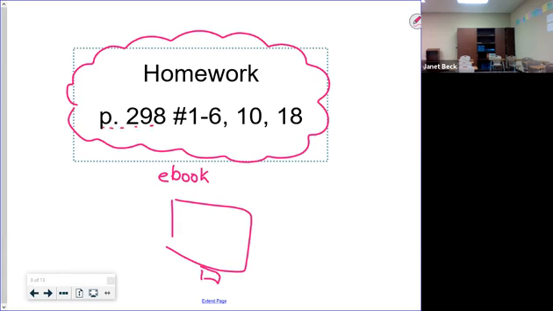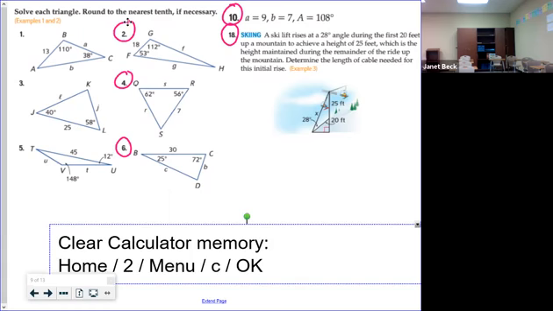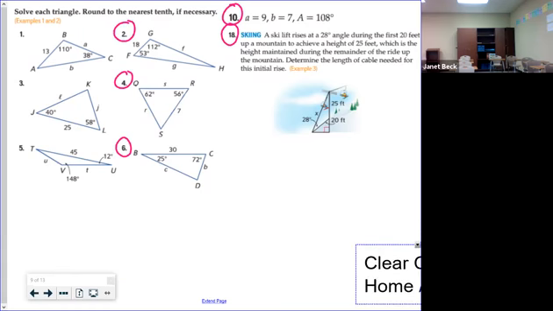And if you're feeling a little lazy, because these get very repetitive, that should be 6, 7, 8 questions. How about just doing 2, 4, 6, 10, and 18? So I only do 5 of them. Okay, you don't have to do 1, 3, and 5. Just do 2, 4, 6, 10, and 18. That should be plenty.